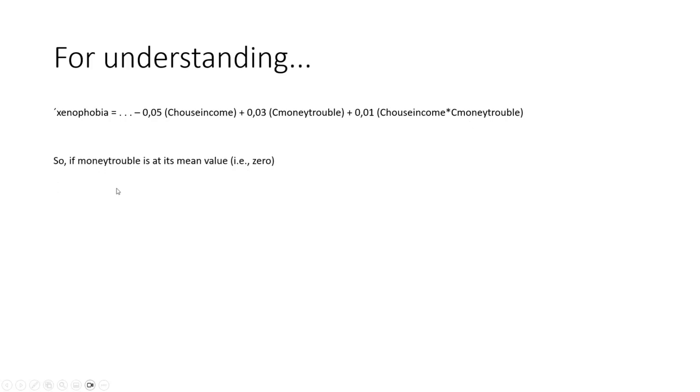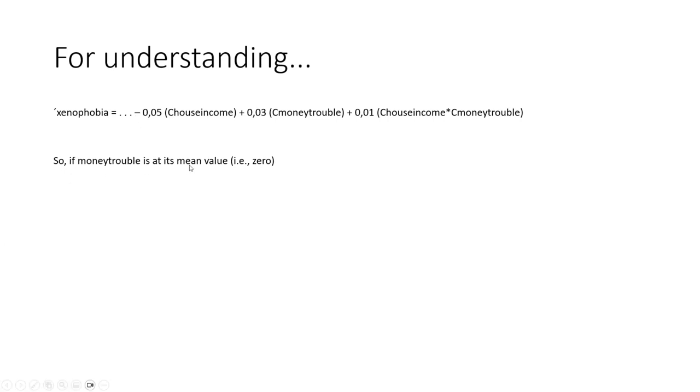Let's focus on the effect of income in this model, and let's just ignore the fact that the interaction was not significant. This coefficient here is the effect of income on xenophobia only when money trouble is at its mean. I'll show you how.